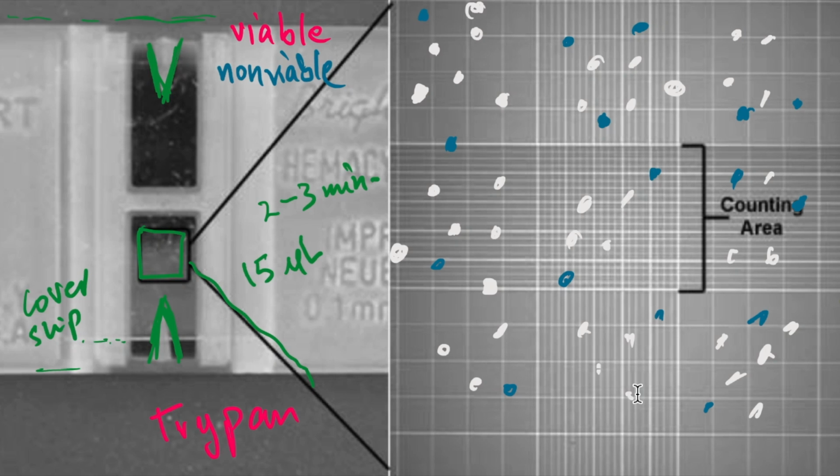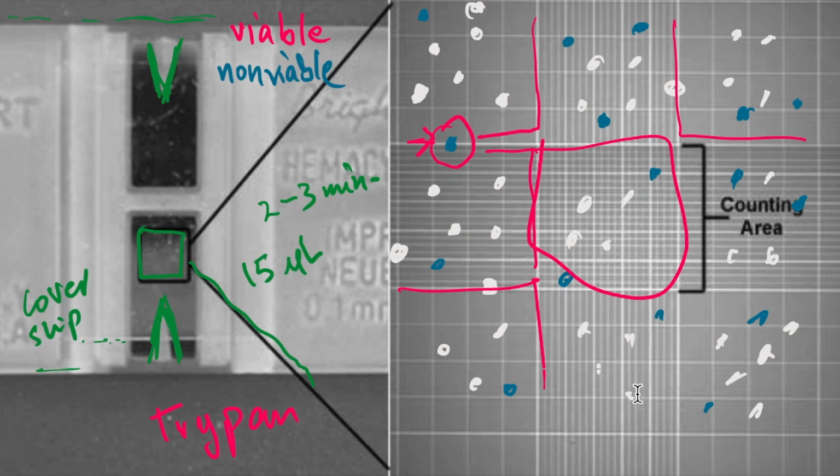For example, if this cell right here is touching a boundary of this grid, and it's also touching the boundary of the grid right beneath it, should you count it or should you not count it? Because remember, we were interested in these 5 squares.